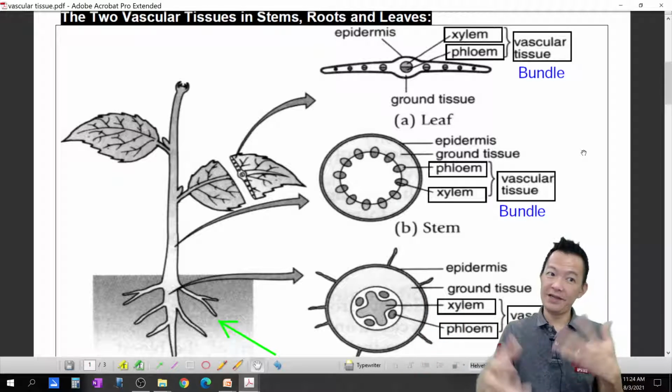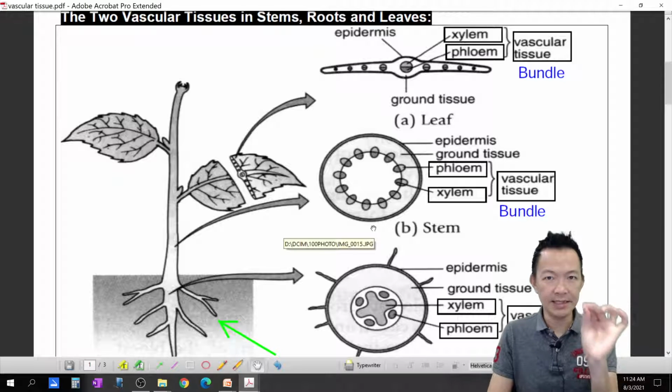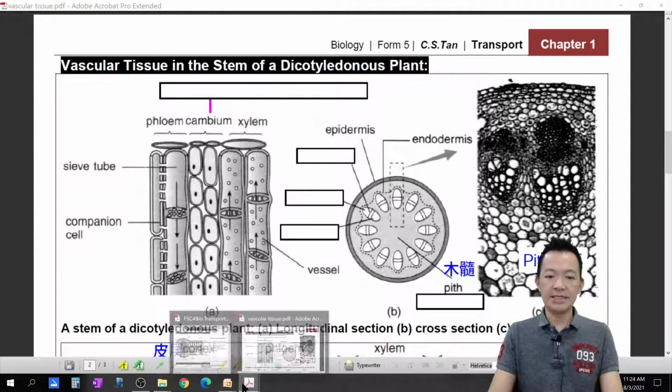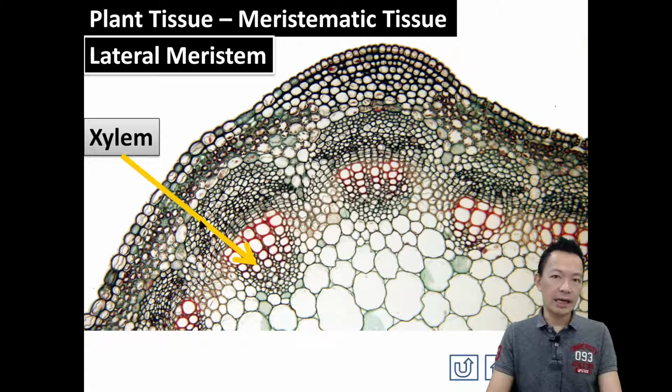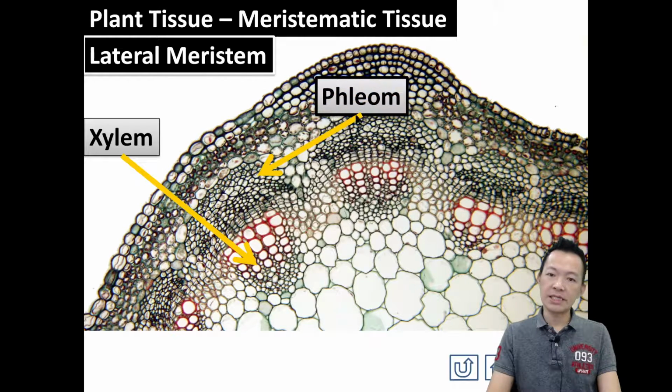Better? Is it difficult? I don't think so, so don't worry, it gets clearer and clearer. Turn to another page. Okay, xylem tissue facing inwards, phloem tissue facing outwards.